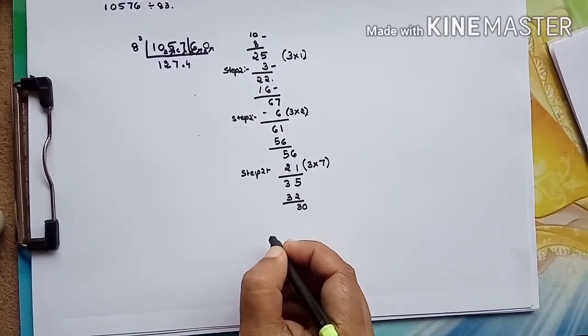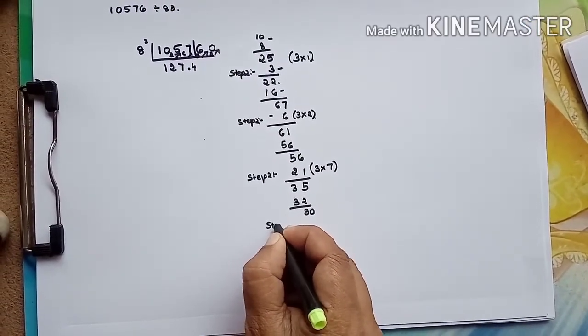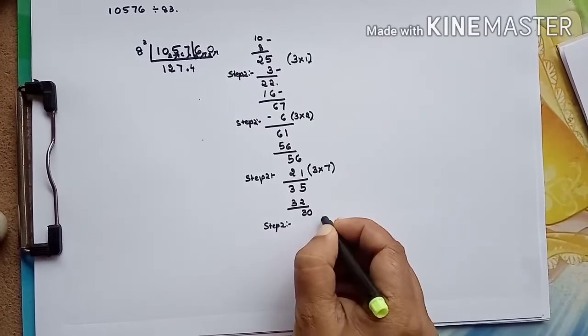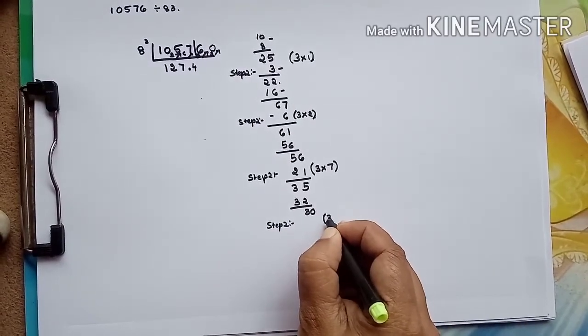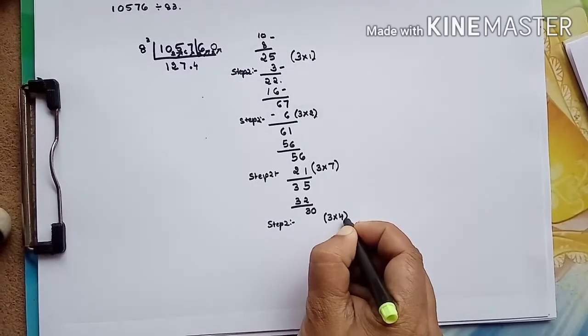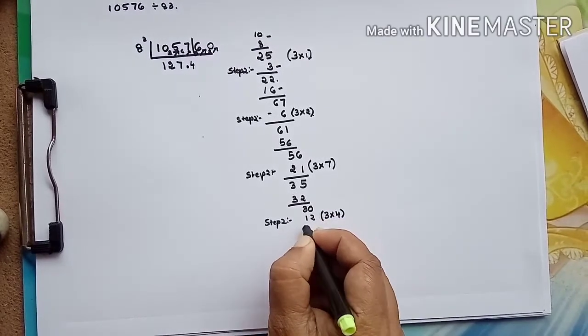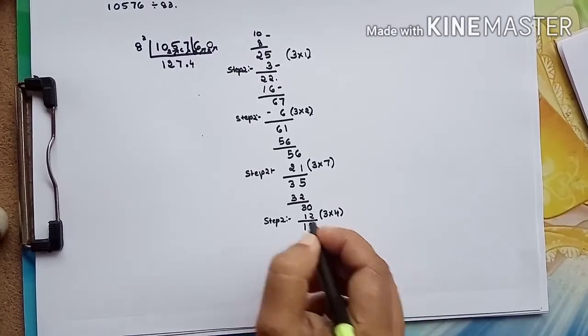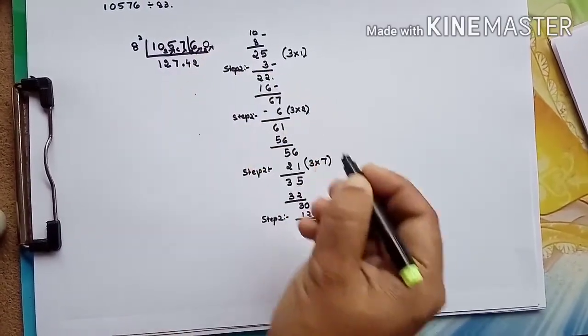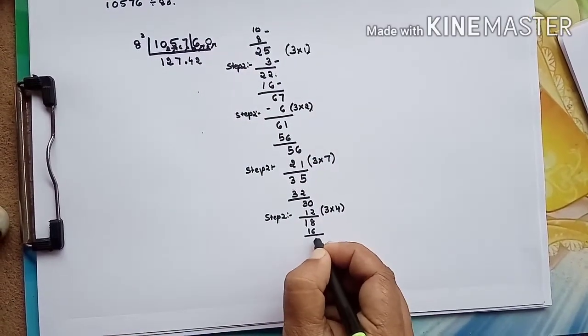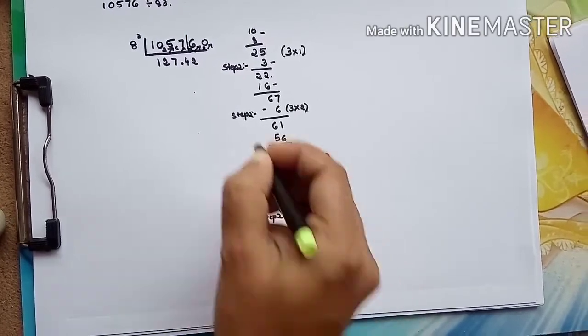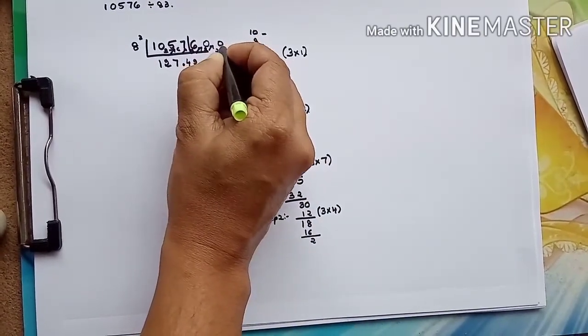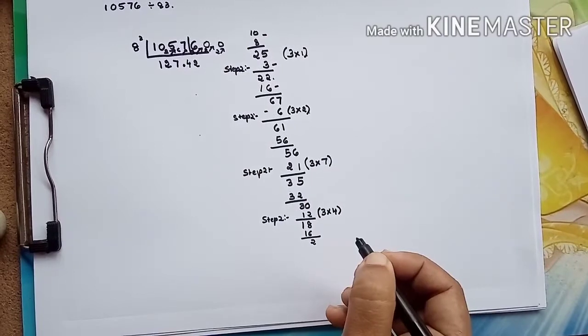So 30 it becomes. What is step 2 now? 3 multiplied by the quotient which you got now, that is 4. It will become 12. So it is 18, correct? Now again 8 2s are 16. 2 you got, again add a 0. 20 it will become.